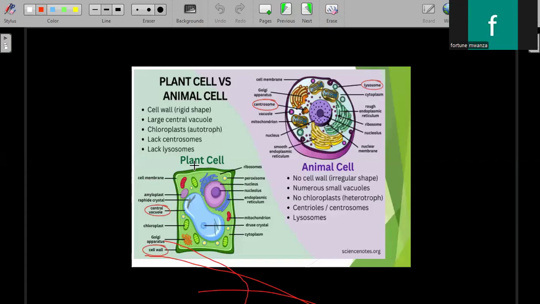Animal cells are going to have centrosomes, which are not there in a plant cell. Also, lysosomes are found in an animal cell, but you are not going to find them in a plant cell. So you should be able to differentiate an animal cell and a plant cell, and take note of the parts found only in an animal cell and those found only in a plant cell.